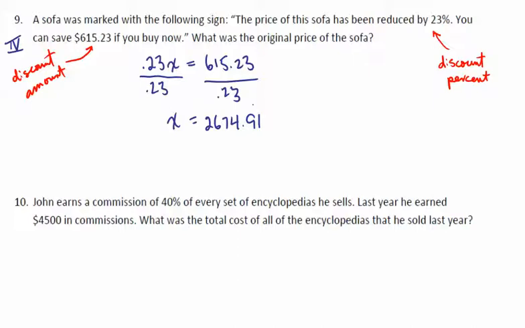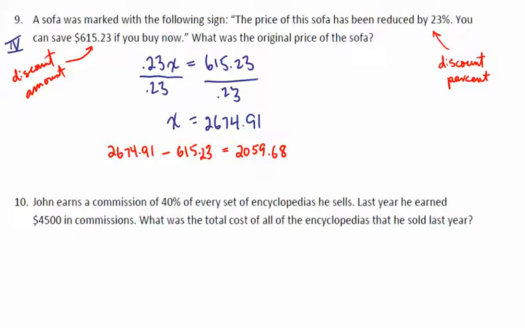X would be the original price. So 2,674.91 minus the 615.23, then the price today would be equal to $2,059.68.